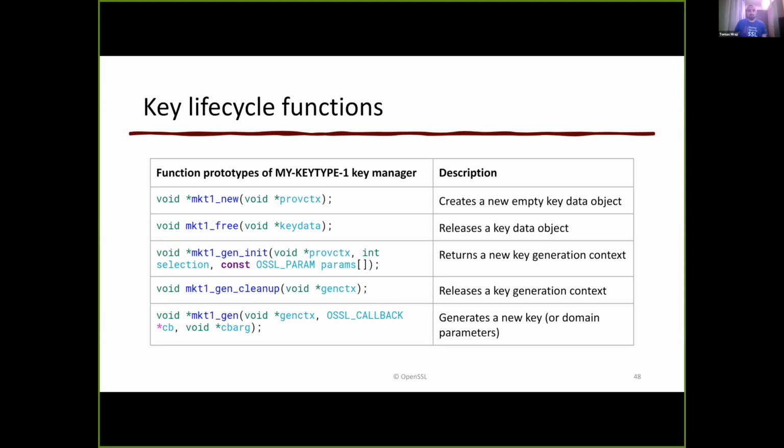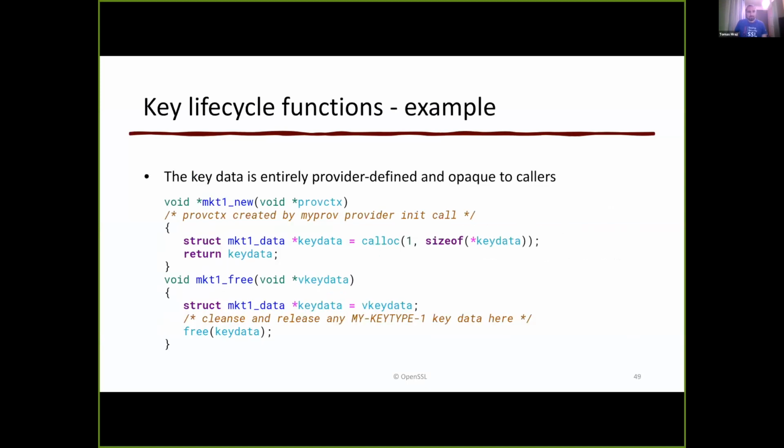There could also be the duplication function, which is also a key lifecycle function to duplicate the key data object, and there's also a function to create a new object from a reference from a store, but that's kind of an advanced topic, not for this talk.